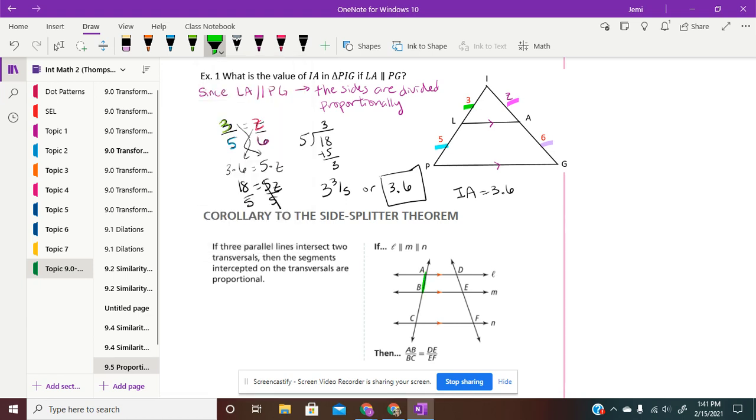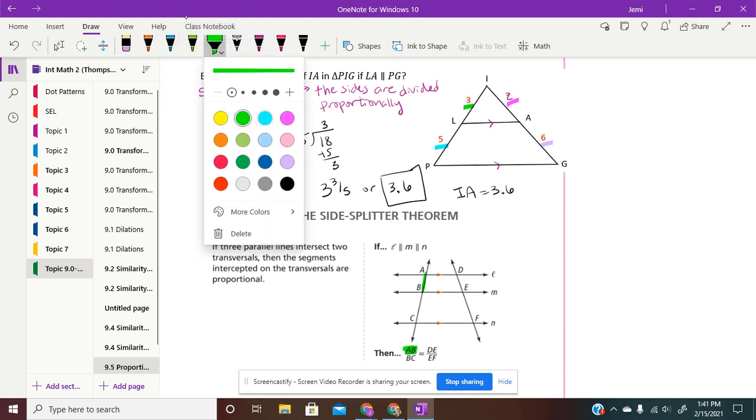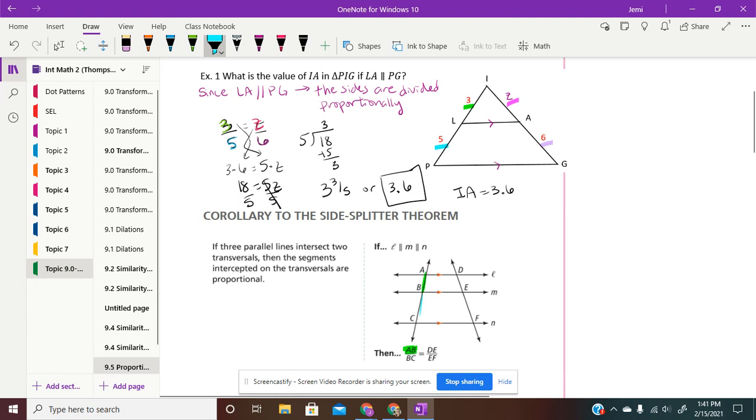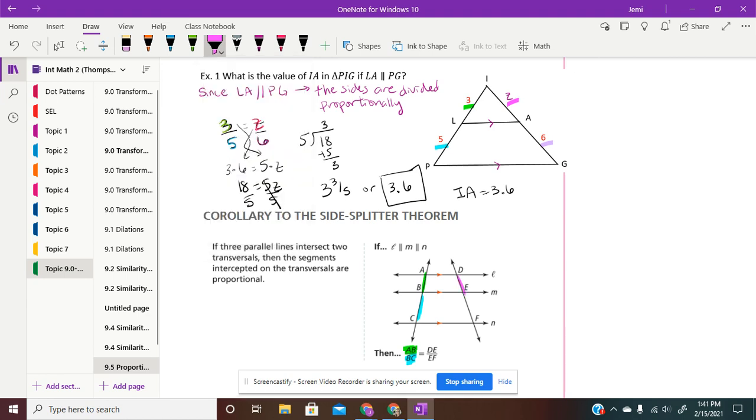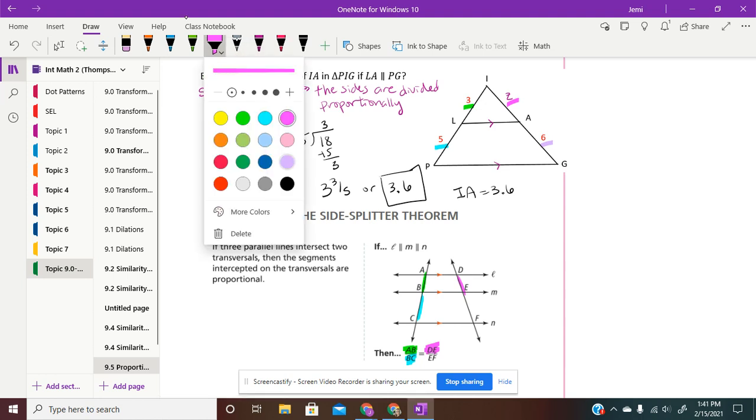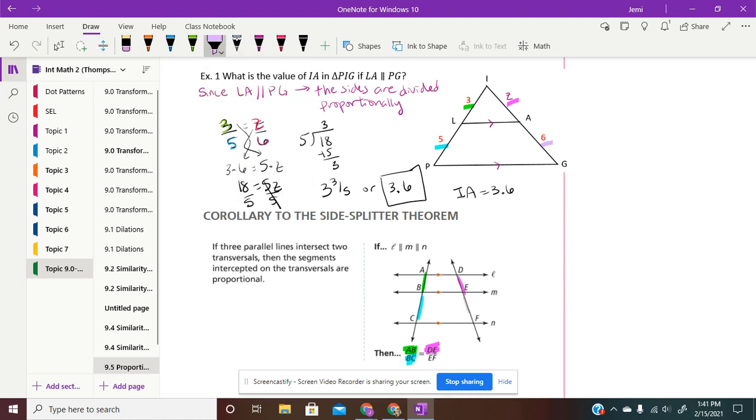AB is proportional to BC, which is equal to DE divided by EF.